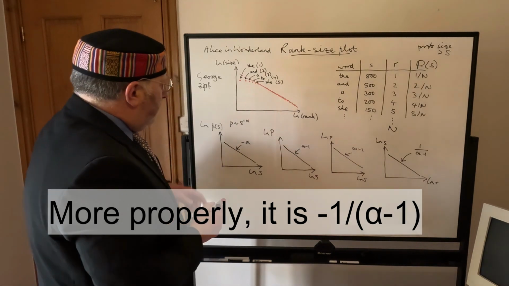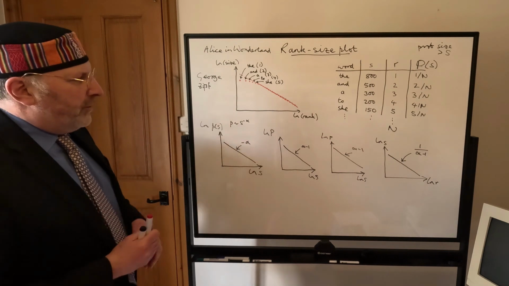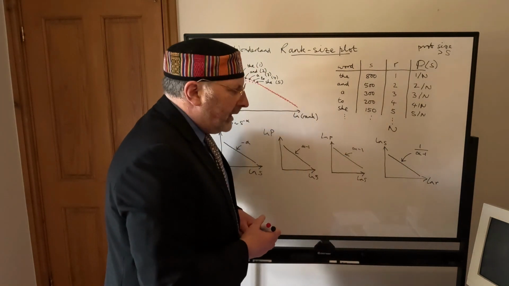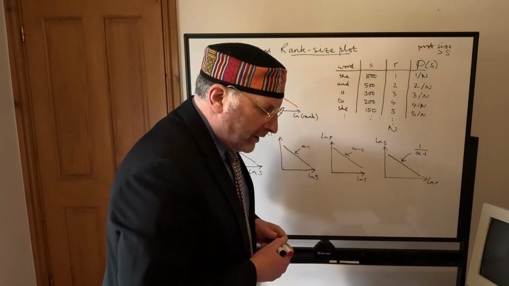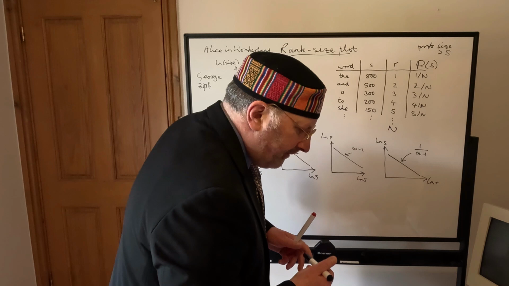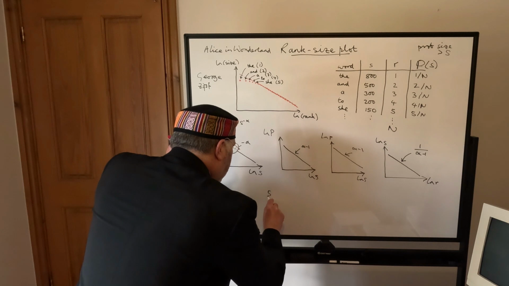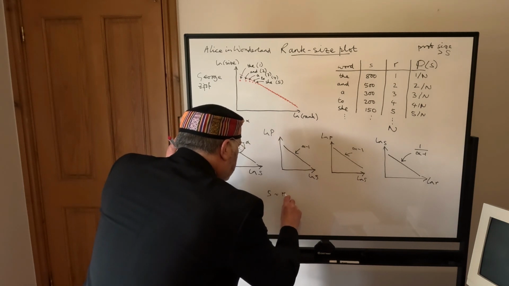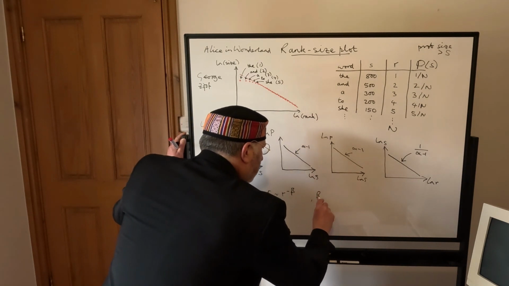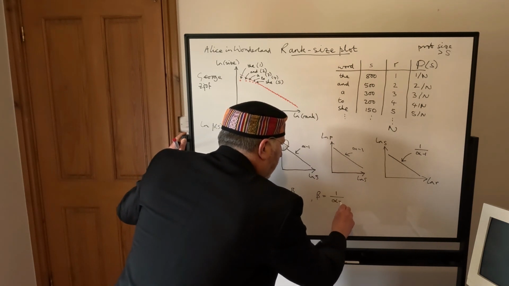So we can say that if we've got a power law distribution in the probability, P is proportional to S to the minus alpha, then we'll also see a power law distribution in this rank size relationship. And specifically, we can say that the size S is proportional to R to the minus beta, where beta equals 1 over alpha minus 1.